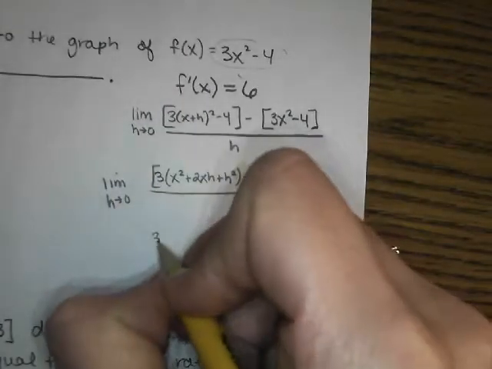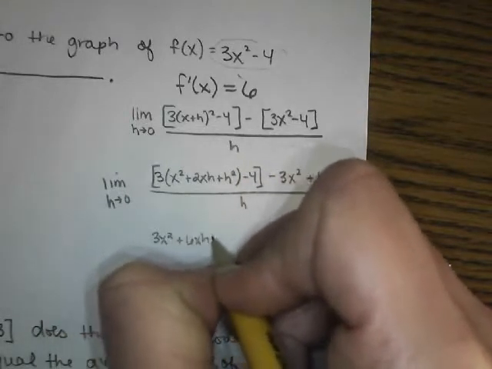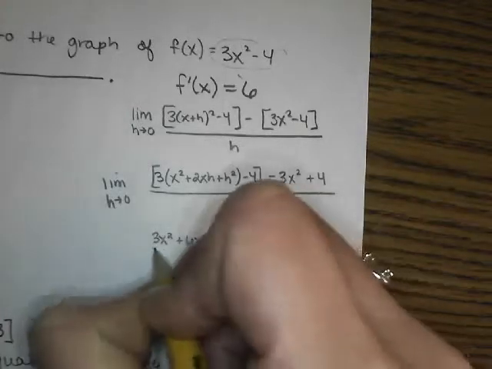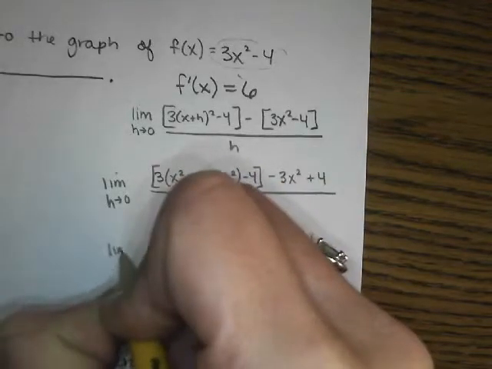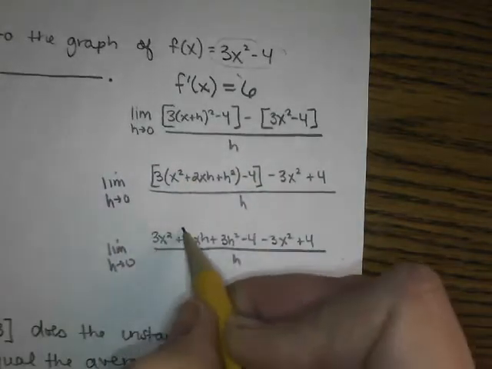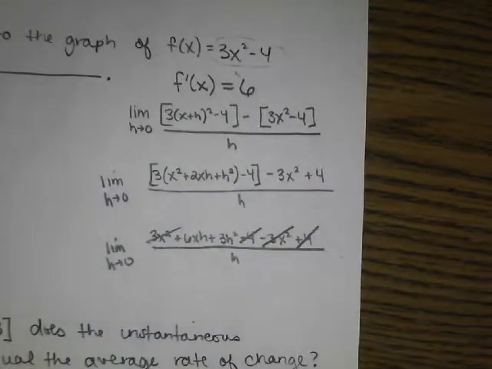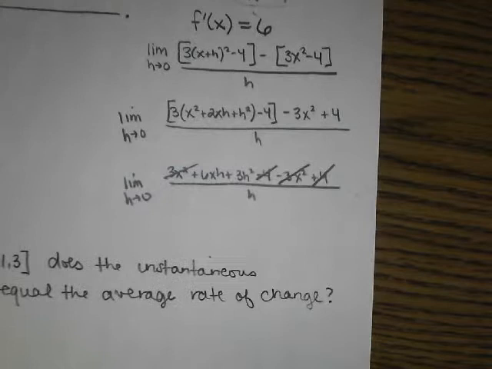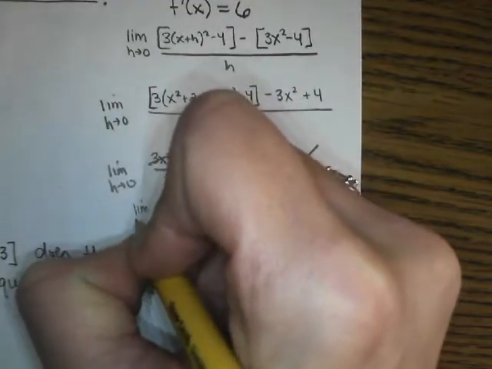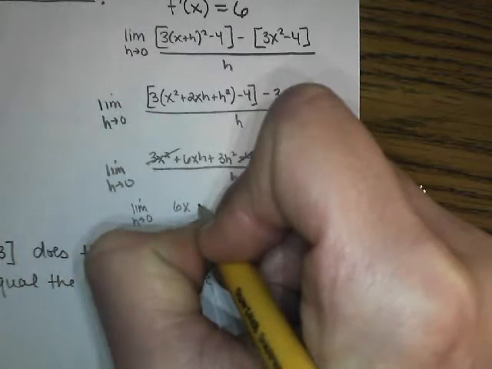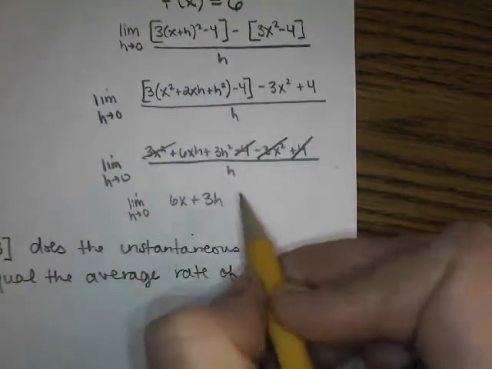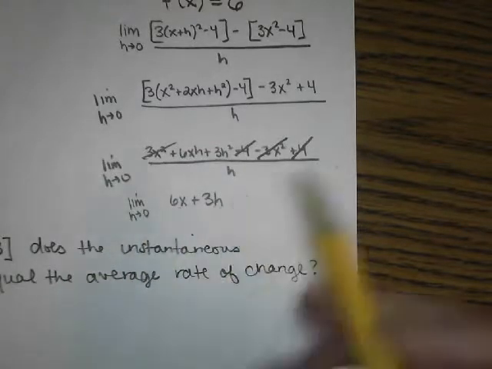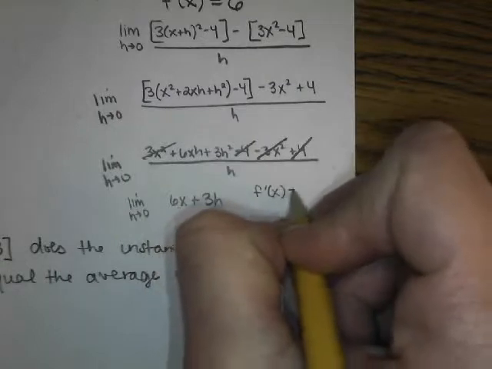Keep distributing. Combine like terms. And then divide by h, because now I can. All the terms have an h in it. So it's going to be my limit of 6x plus 3h. And when h approaches 0, that's just going to be 6x. Okay? So f prime of x equals 6x.